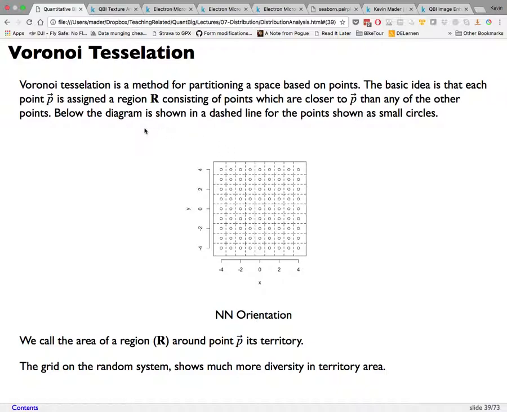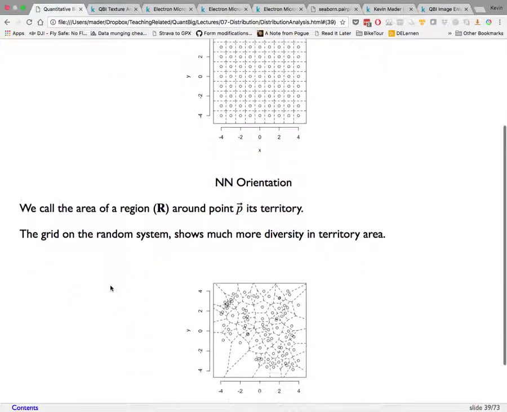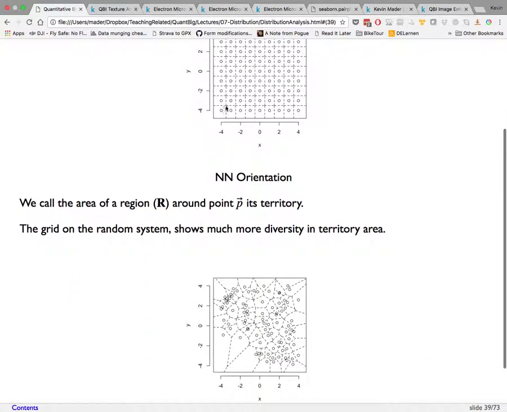And so for the small circles, that means this perfect grid. And so for us, we will call the area or the region around P its territory. So just to have a consistent term for this, this area here we will refer to as its territory.